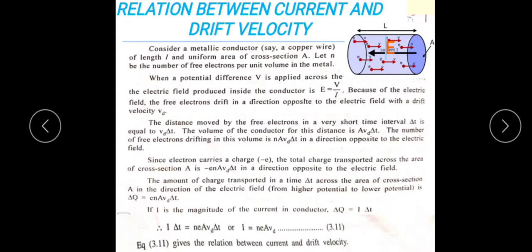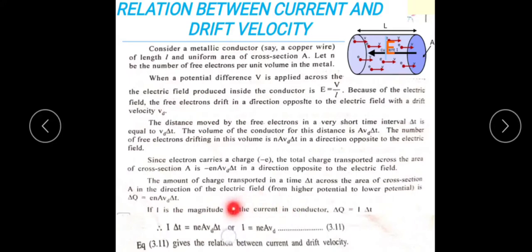So from these two equations, the LHS is equal to delta Q. Hence if the LHS is equal, obviously the RHS is also equal. Hence I into delta t is equal to n e A Vd delta t. Then delta t gets cancelled, remaining I is equal to n e A Vd.